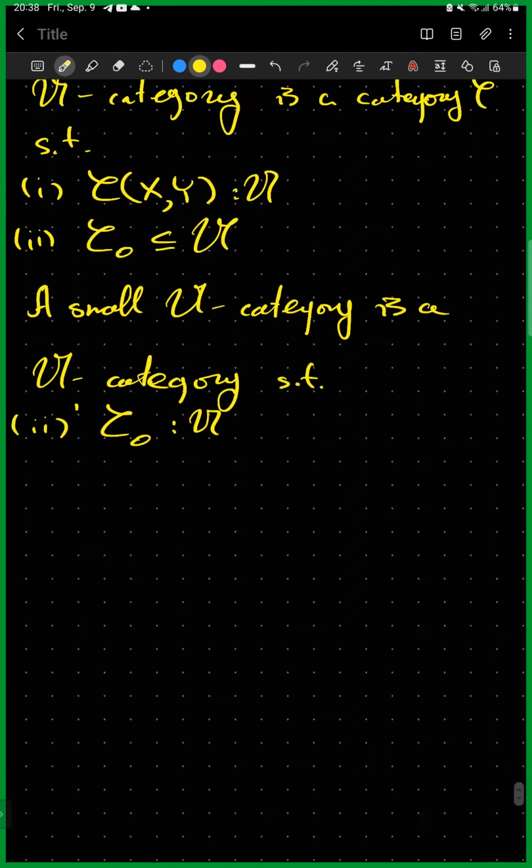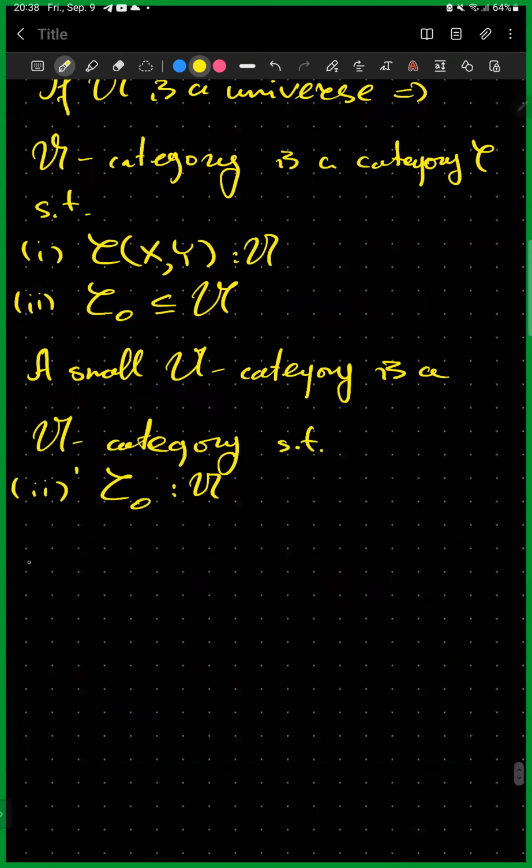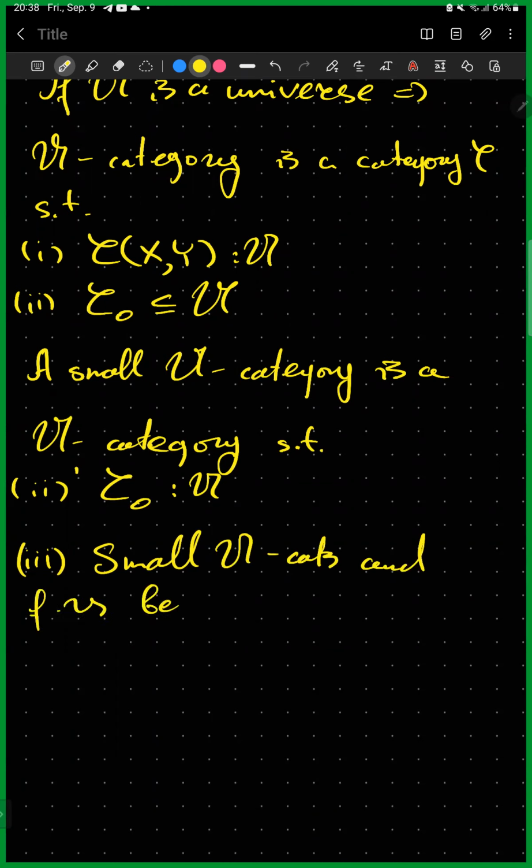From the things described above, it follows that small U categories and functors between them form a U category.